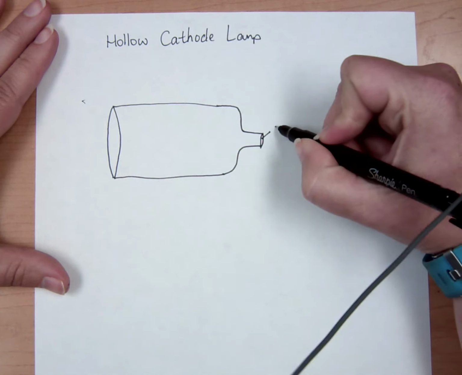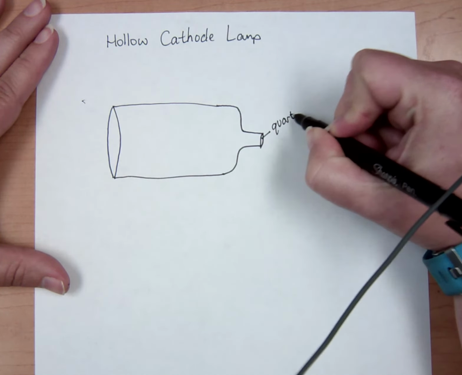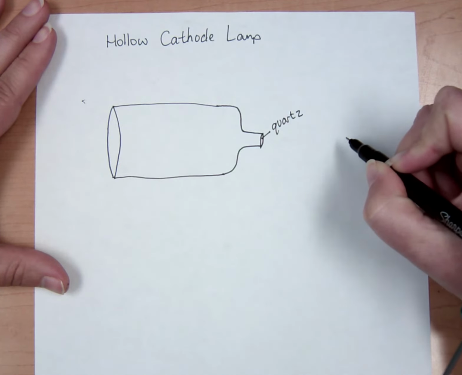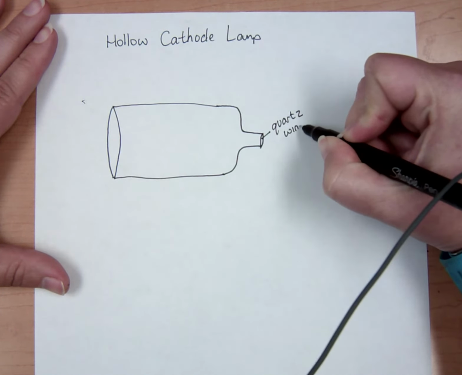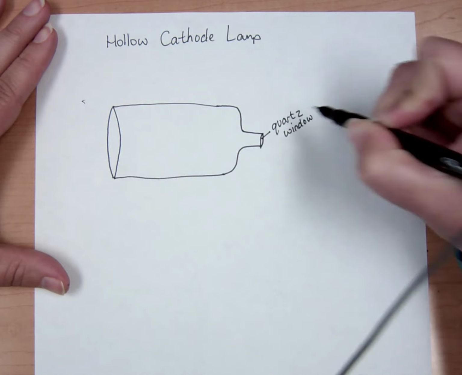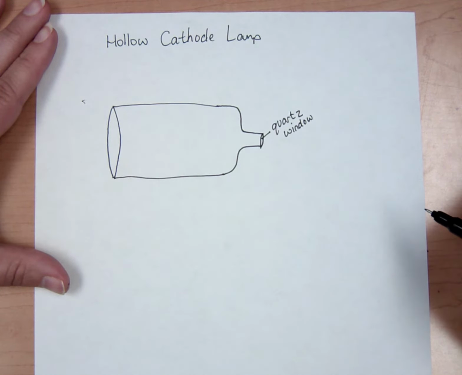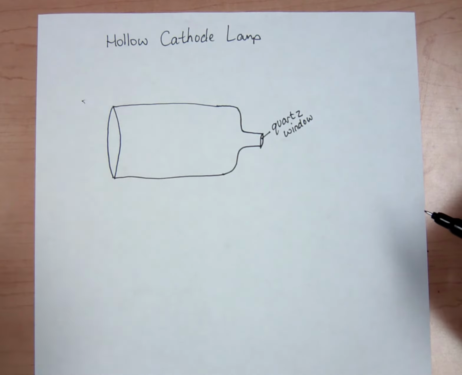And we've talked about using quartz in other pieces of instrumentation because it allows more wavelengths of light through. It doesn't really absorb in the UV or visible regions. It has a very broad transmission spectrum. So we tend to like quartz for our windows here.